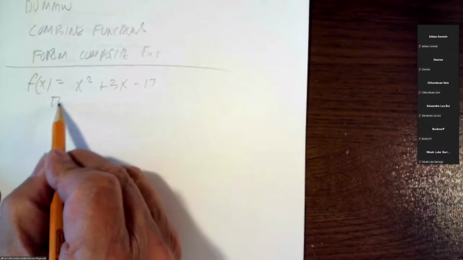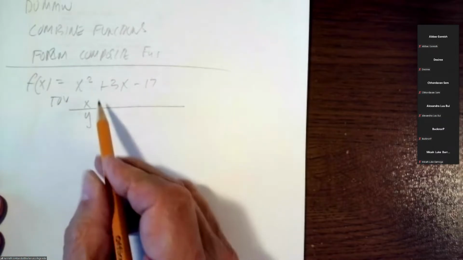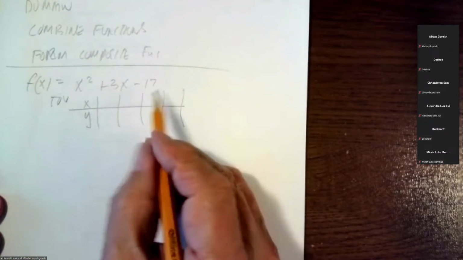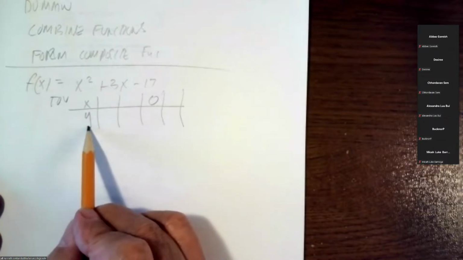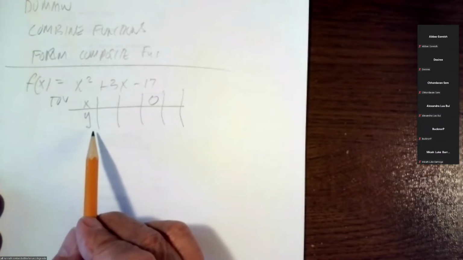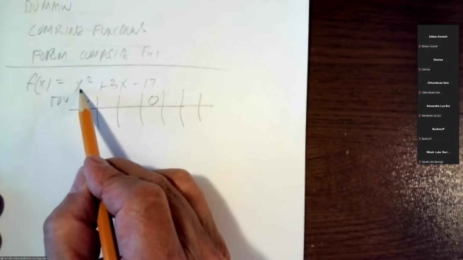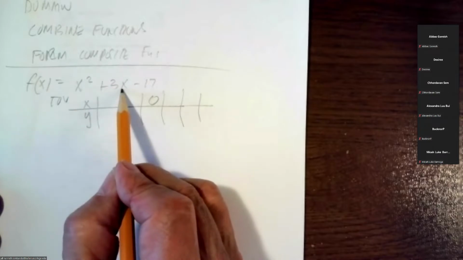Let me set up a table of values for x and f of x, which we'll call y. If I said x is 0, what are we going to have for the y value? This is 0 squared, so that's still 0. 3 times 0, that's 0.